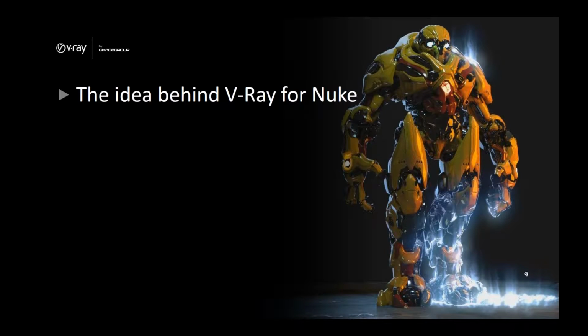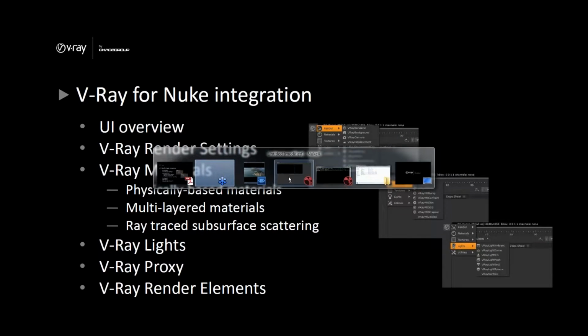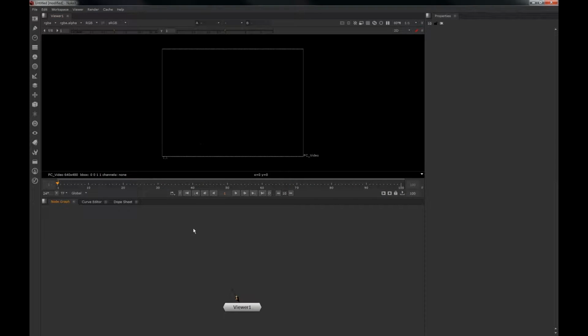Now I'm going to jump inside Nuke and show you what we have done so far. After you have installed V-Ray for Nuke, you're going to see the V-Ray icon over here. Here are listed all the features from V-Ray. In the V-Ray render section, you can find the most general stuff related to V-Ray, like the V-Ray render itself.